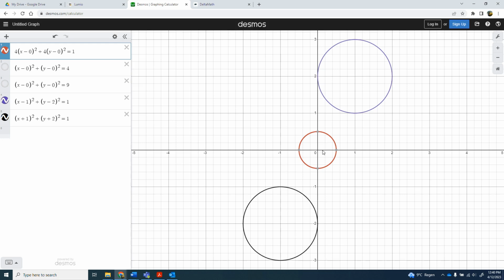But notice the radius isn't 1 anymore. The radius is 0.5. So the radius doesn't really work so well with it being r squared. I'd have to divide each side by 4 to get it by itself, and then of course the radius would be changing.